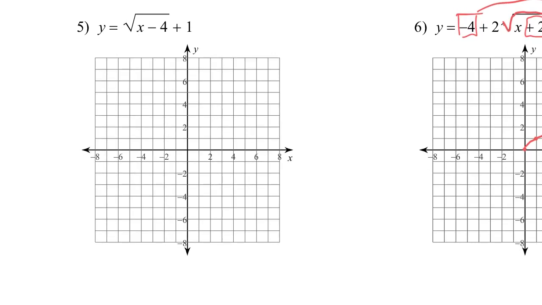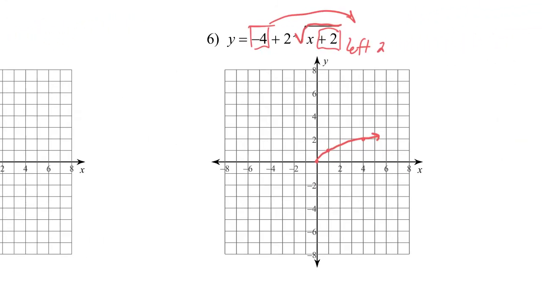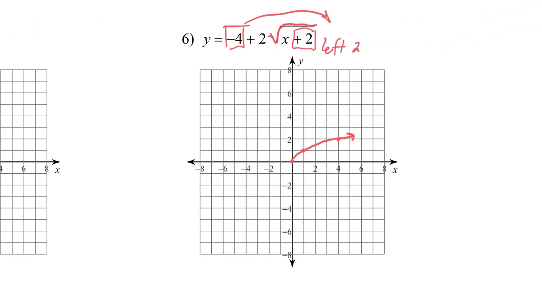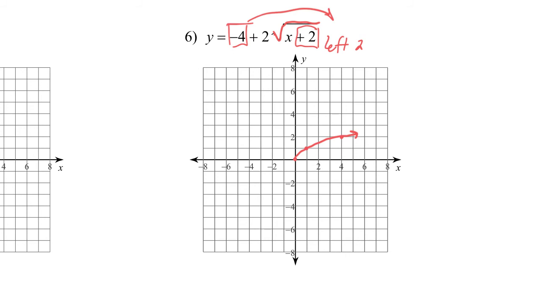This plus 1 here is just like that minus 4 in number 6. So you can put it on the end. Doesn't matter. It does the same thing. But it will shift it down 4. Then this 2 in the front, that's multiplying the square root, so that's another stretch. So it's going to stretch out the y by a factor of 2.